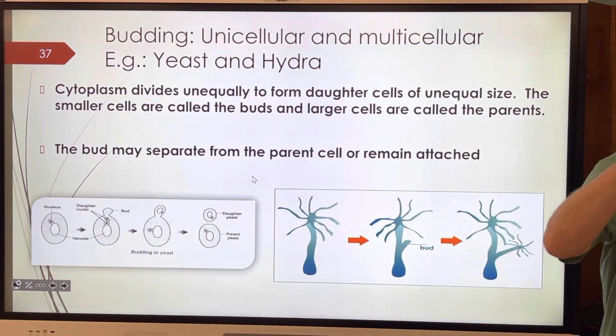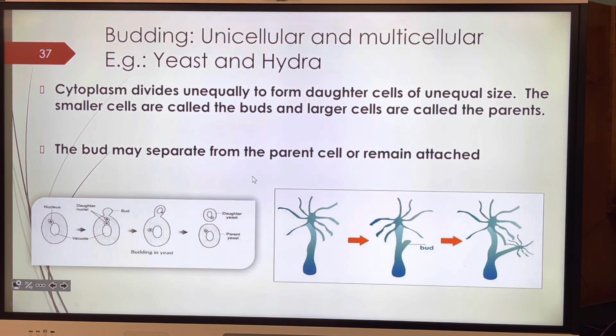Yeast is the living organism used for, we talked about this in fermentation earlier, a type of cellular respiration, remember, without oxygen.